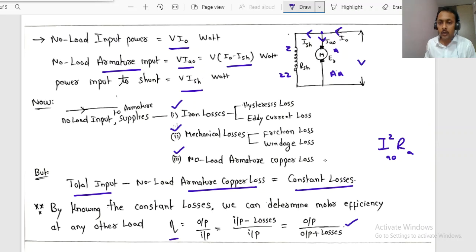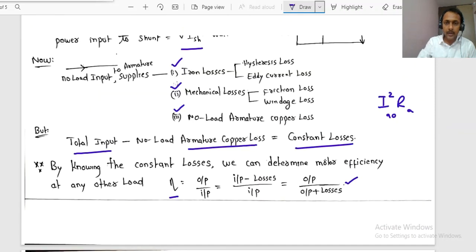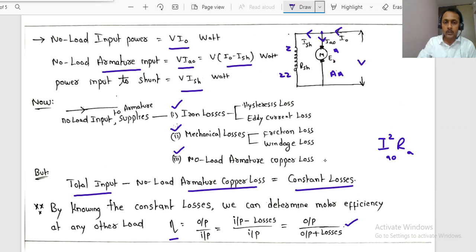Either formula is okay. Using that, we can calculate the efficiency. So these are the different formulas, from the data obtained from the Swinburne's or no load test, with which we can predetermine the efficiency of a given machine.